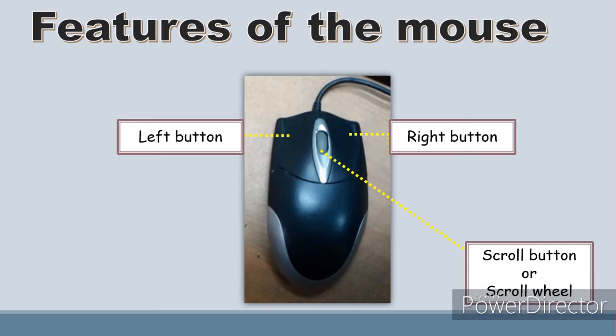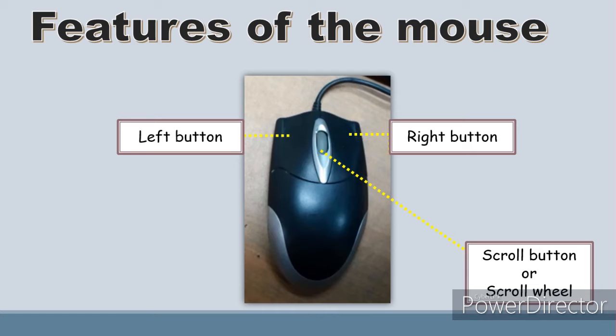How will you know which one is the left button and which one is the right button? You can know it by observing the direction of your mouse. The left button will be in the same direction as your left hand, and the right button will be in the same direction as your right hand.